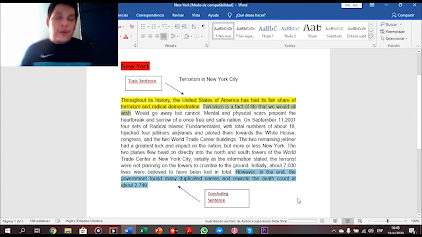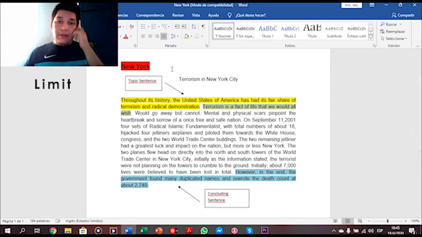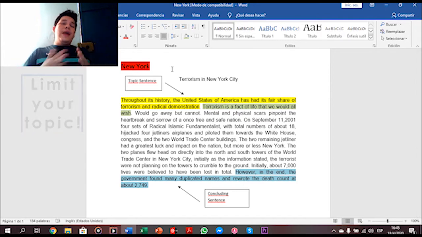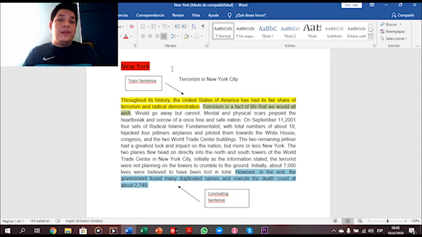As we mentioned previously, we have selected a topic which is New York, but we have to limit it. And in this time, how to limit it? Well, you can consider many facts that happen only in New York City. And in our case, we have decided to write it down about the terrorism in New York City.